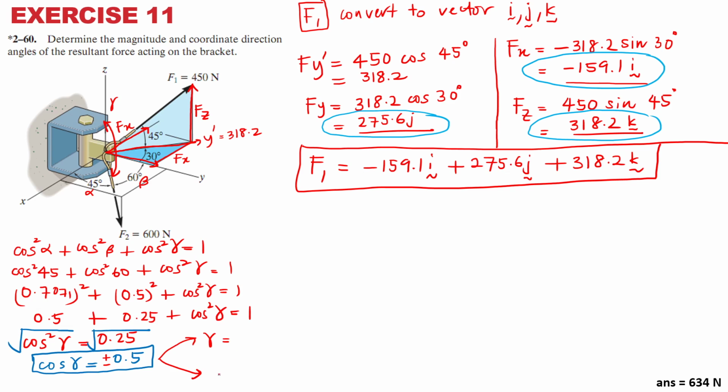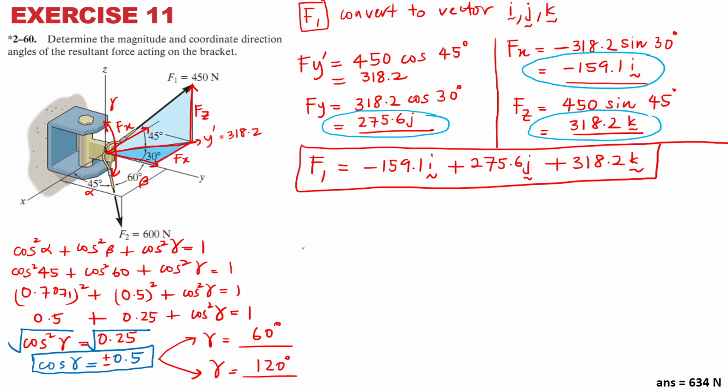Gamma is going to be, what are the two possible values? Shift cos 0.5, it's either 60 degrees, or shift cos negative 0.5, 120 degrees. So which one will it be?